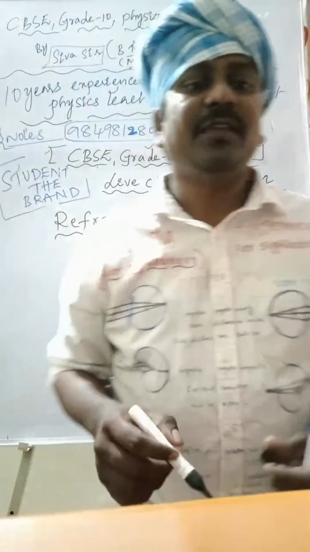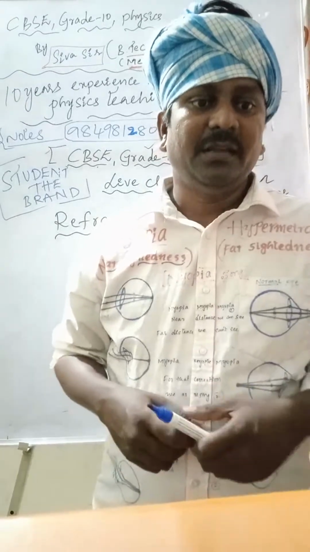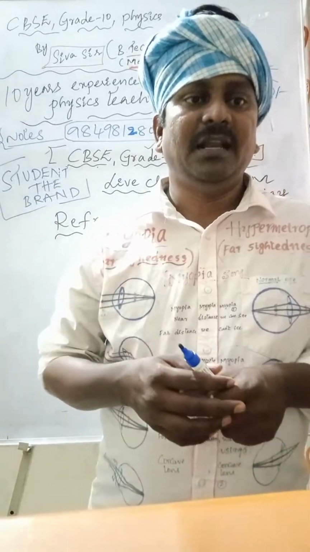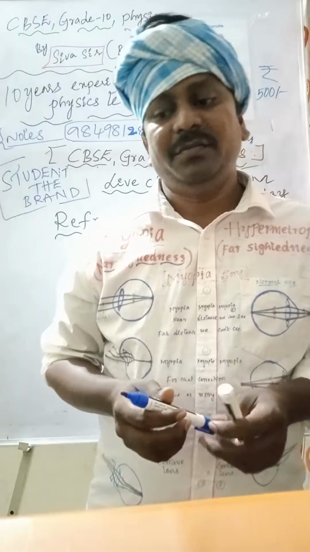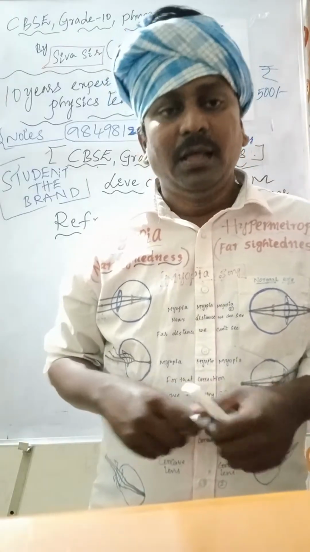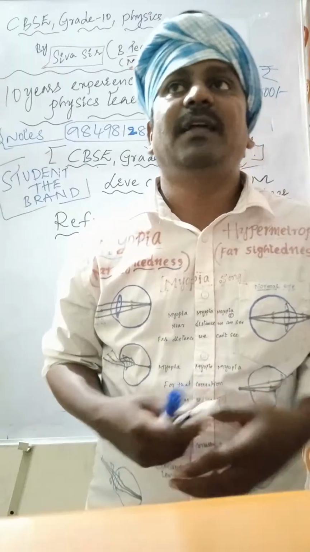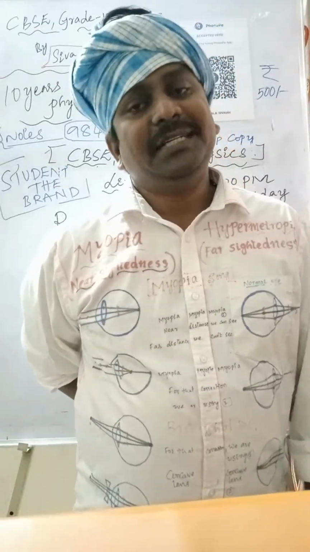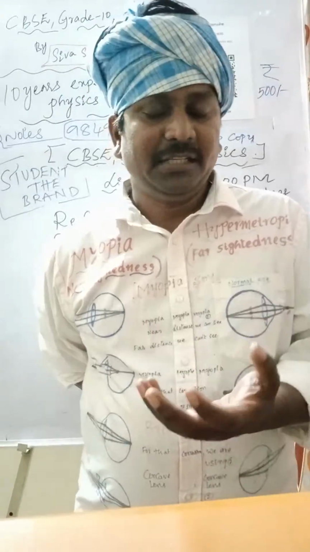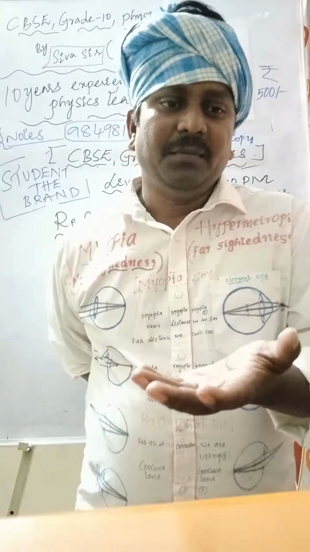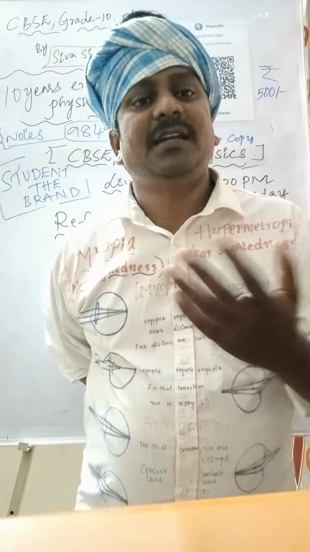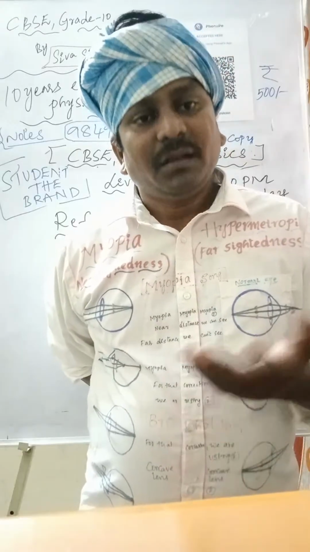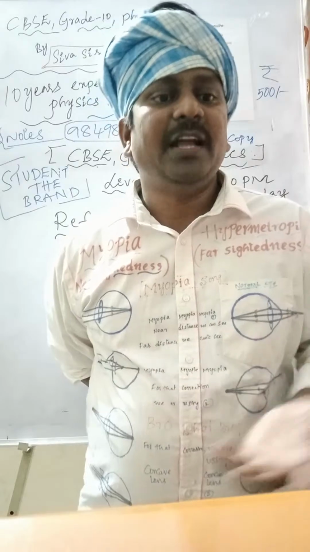Normally, what is the use of a lens? A lens will refract the light rays, so refraction takes place through a lens. If you take a mirror, reflection takes place, but in a lens, refraction takes place.